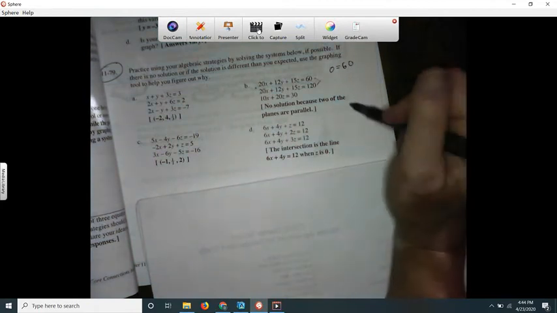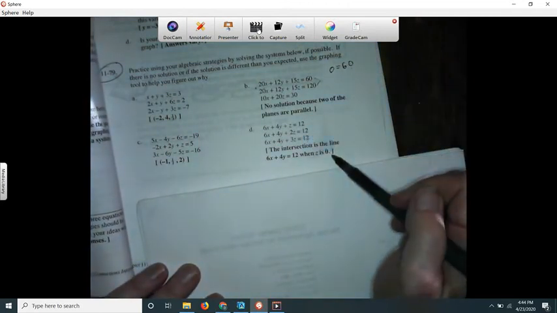And that's the same thing you're going to say this time. When something like that happens and you end up with this and all your variables went away, just say no solution. And it's because the planes don't all intersect together. Probably two or more of them are parallel.